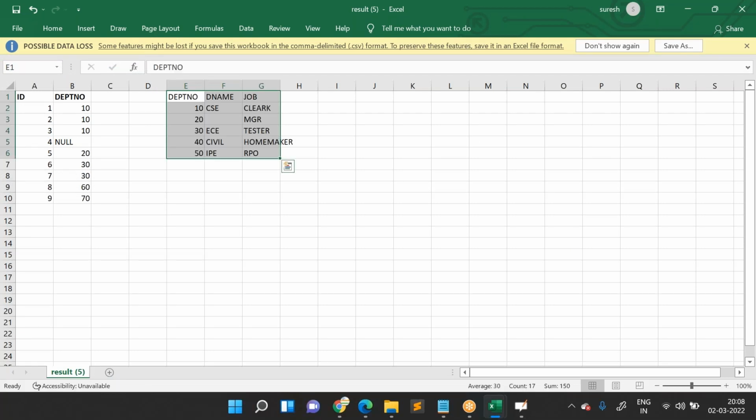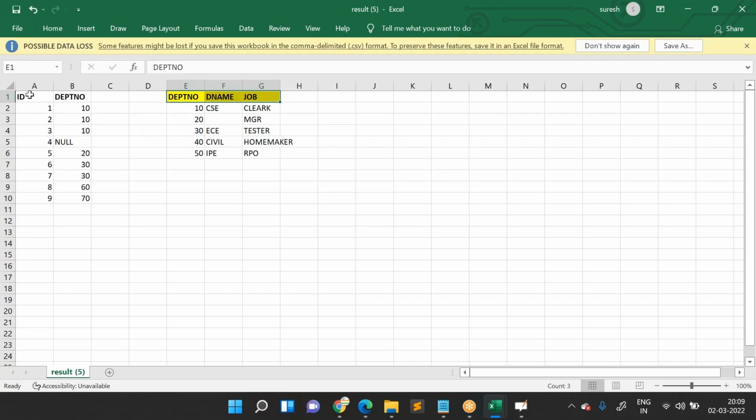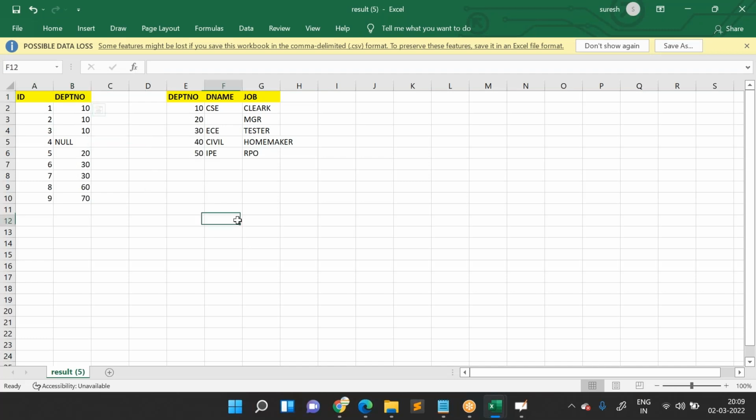I'm adding this table as well here. So here we have null values. Now tell me the output for inner join. I want to display all the columns.